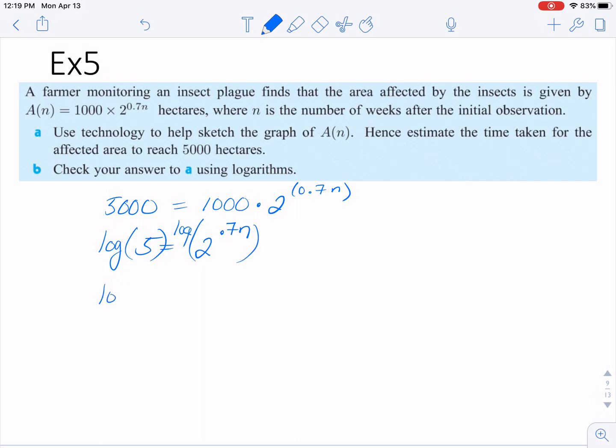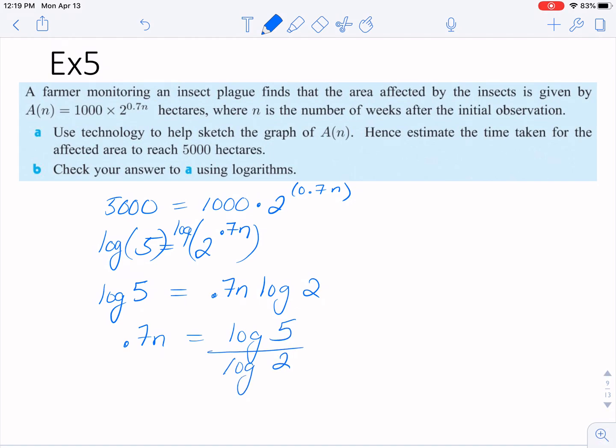So log of 5 is equal to 0.7n times the log of 2. Divide both sides by log of 2. So 0.7n is equal to log of 5 divided by log of 2. n is equal to log of 5 divided by 0.7 log of 2. This is why I like ln's better. They're just shorter to write.